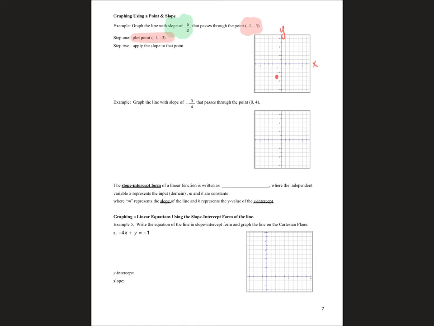There's the point. Now, from that point, I can apply the slope. So my rise is 5. 1, 2, 3, 4, 5. My run is +2. So there's my second point. And then again, all I need are 2 points to graph the line. That's hideous, but you get it.